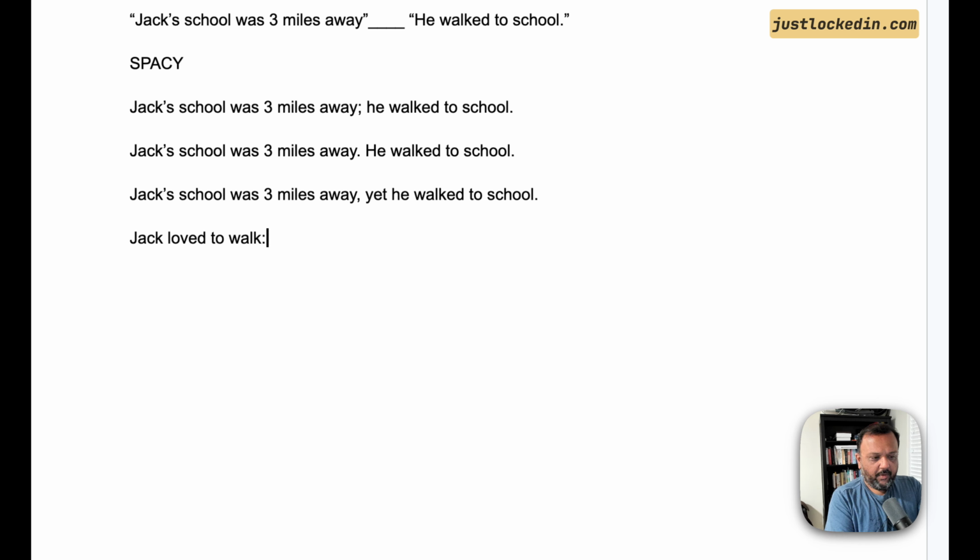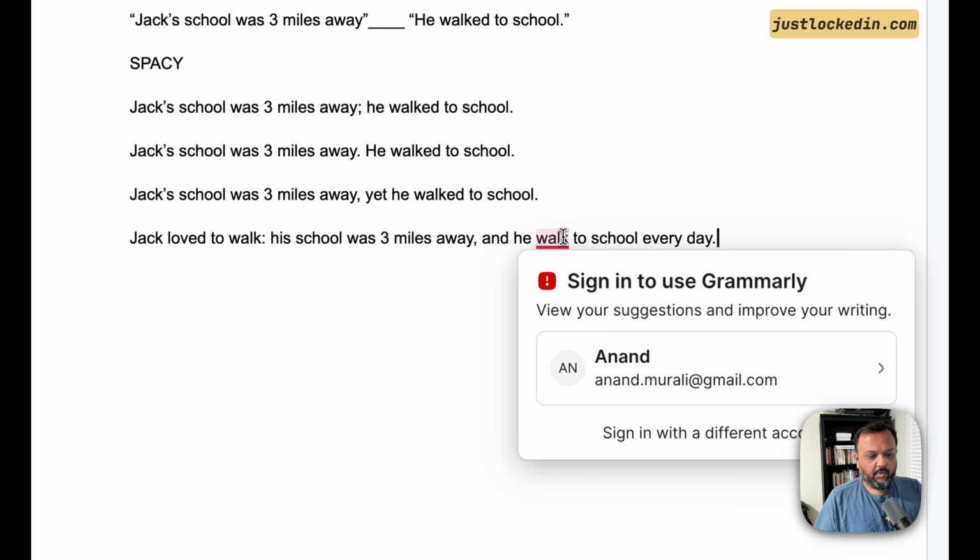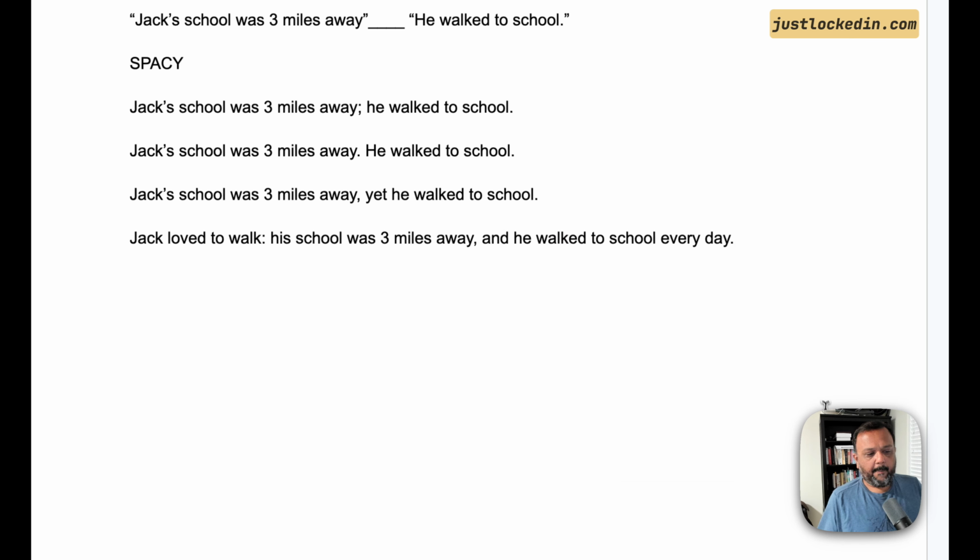Now we can substantiate: his school was 3 miles away and he walked to school every day. This is actually a nice use case for a colon. Jack loved to walk: that was his statement, and this substantiates it.